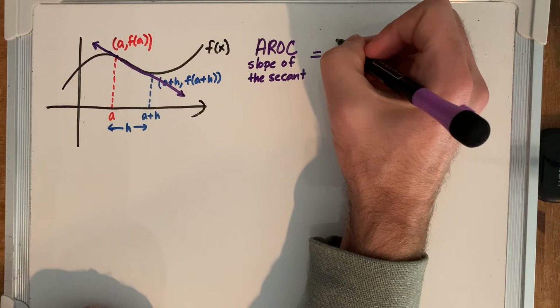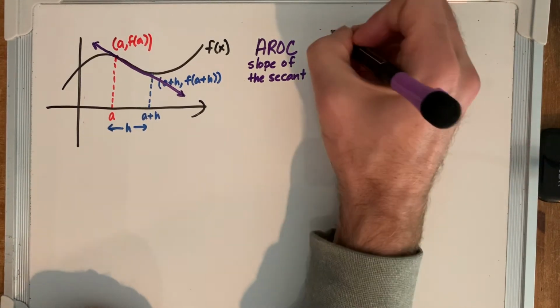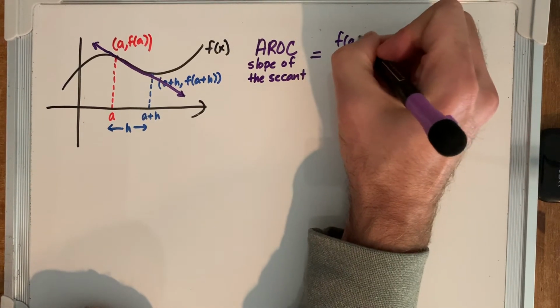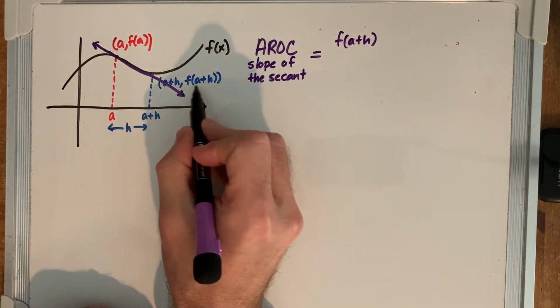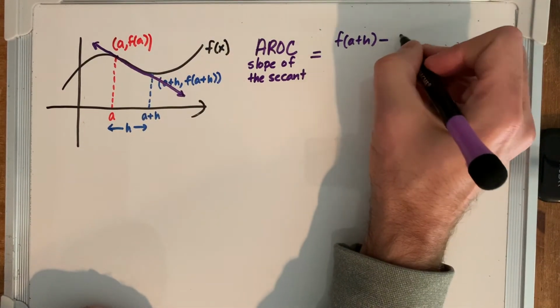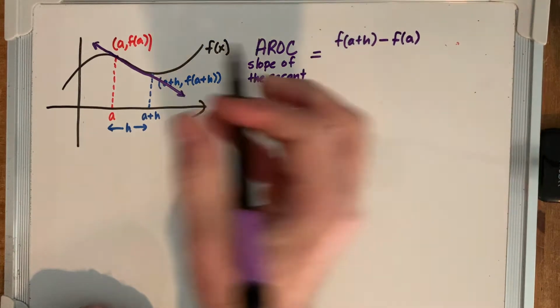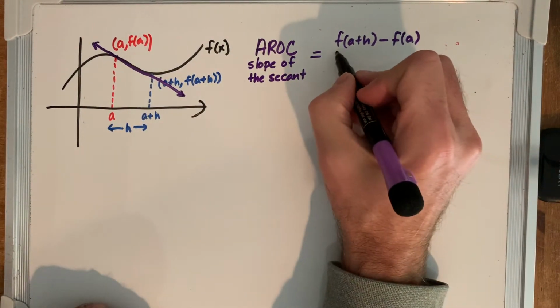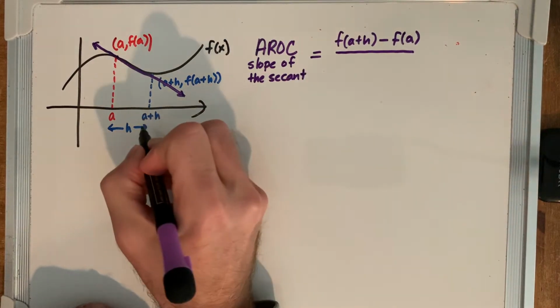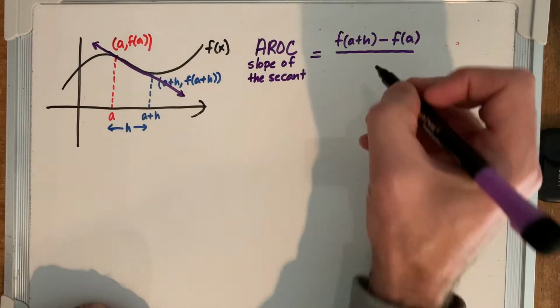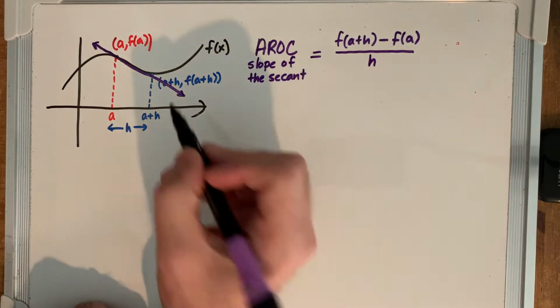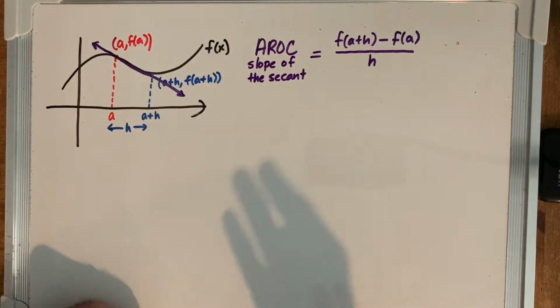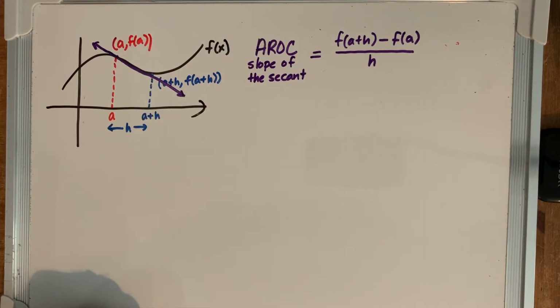So we have f of a plus h, the y coordinate here in blue, minus f of a, the y coordinate of the red point. And we're going to divide that by the change in x, which in this case is just h. Now you could get that by doing a plus h minus a, but it eventually gets you to h.